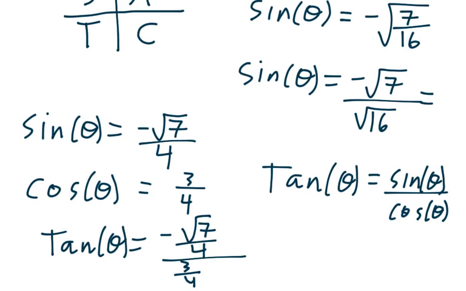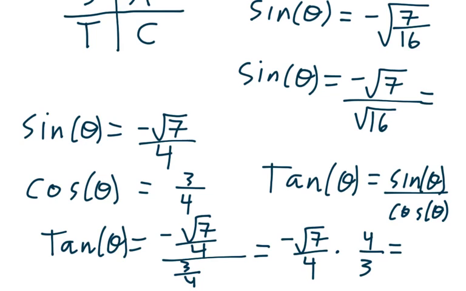Okay, well again, we want to write this as one fraction, not one fraction in another. So this is the same thing as negative radical 7 over 4 times 4 over 3. Really, what's happening is you're taking the top fraction and dividing by the second fraction. When you divide by a fraction, that's the same as multiplying by the reciprocal.